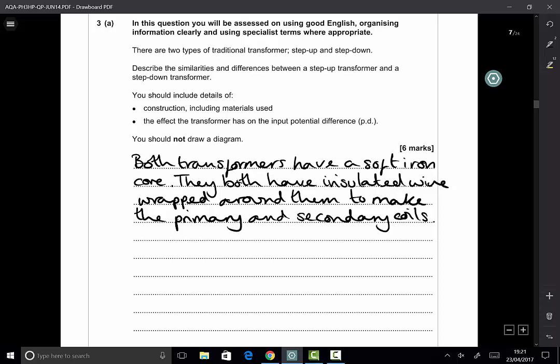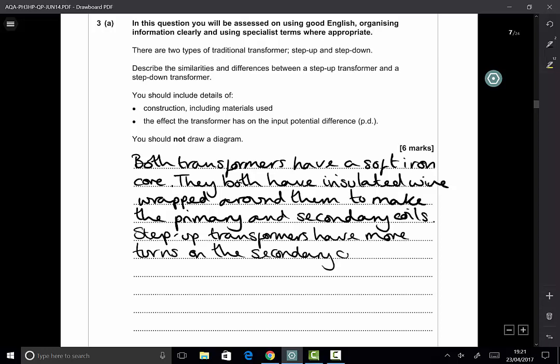Differences now. So step up transformers have more turns on the secondary coil than on the primary.